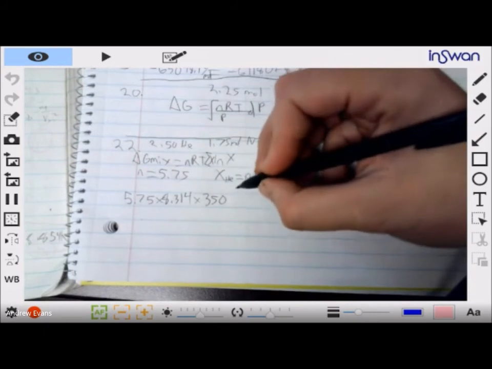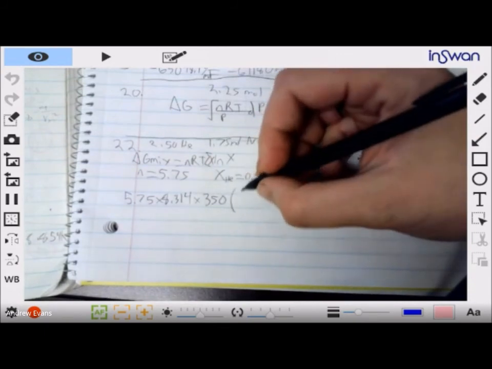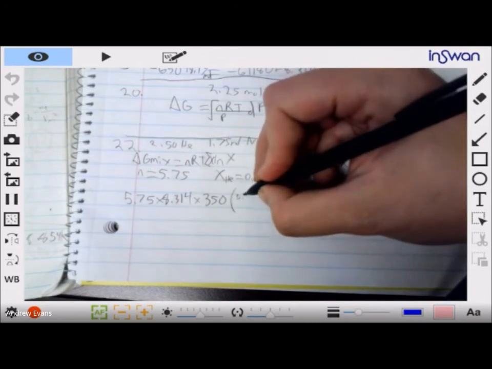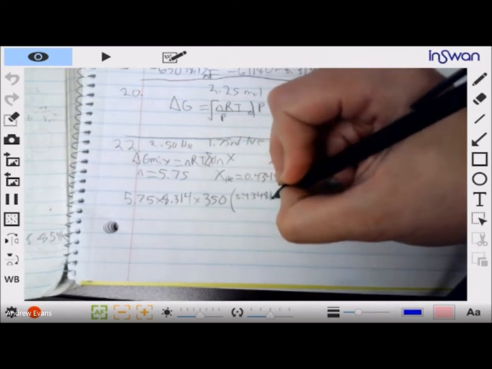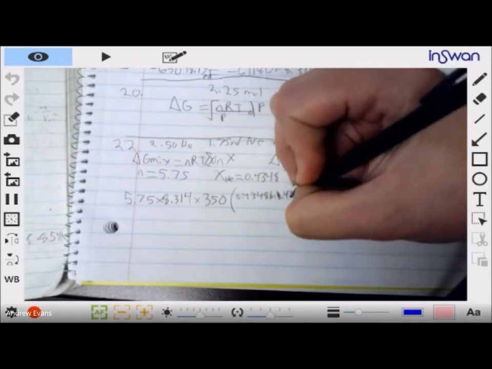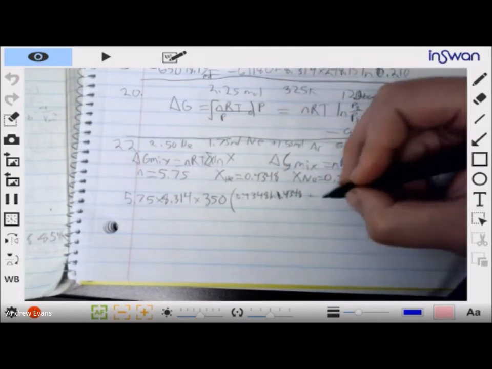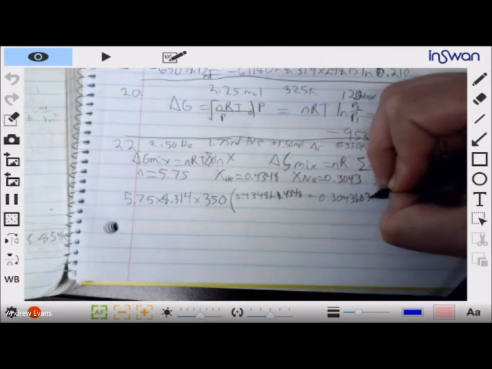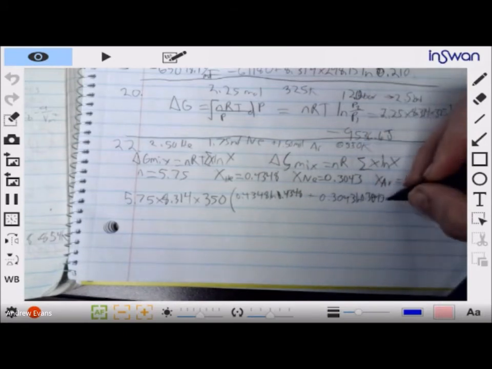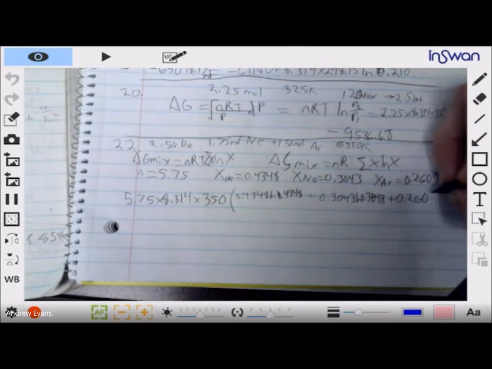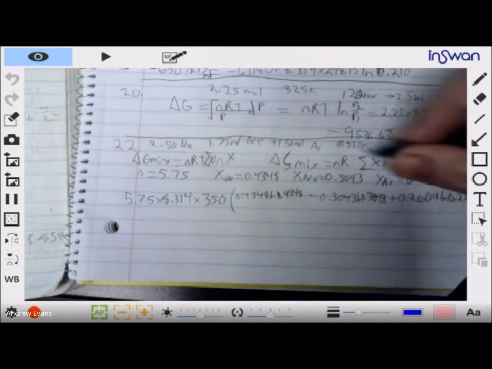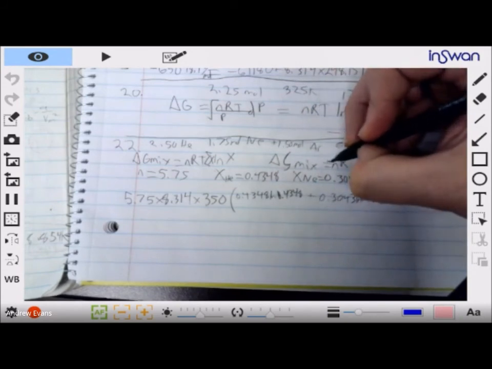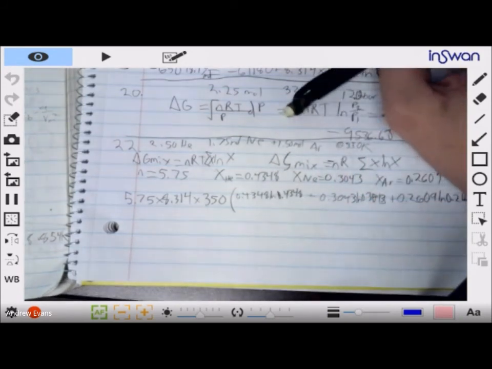The only thing we have to do is the sum: 0.4348 ln 0.4348 plus 0.3043 ln 0.3043 plus 0.2609 ln 0.2609. Oh, and the entropy of mixing is also negative. Those are really the only two differences.